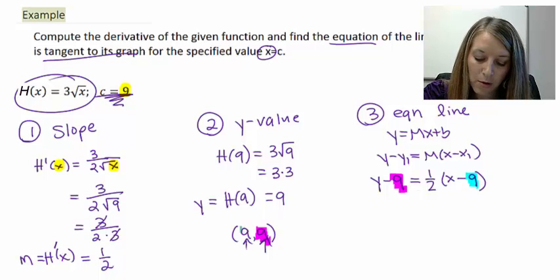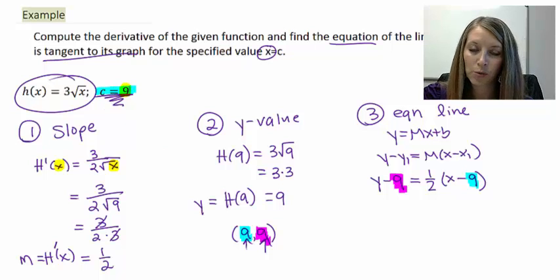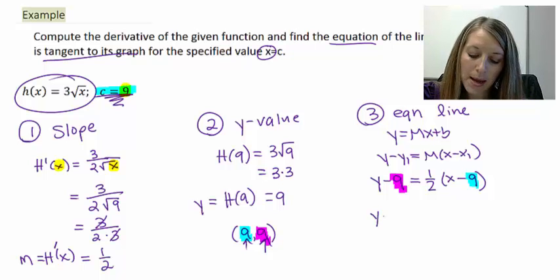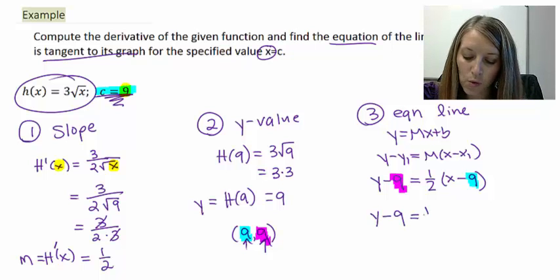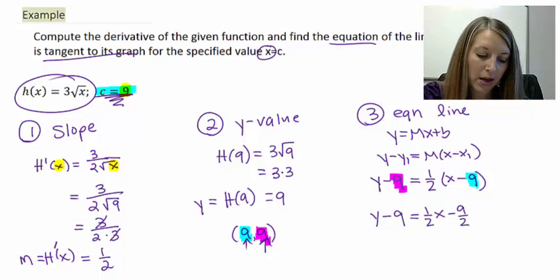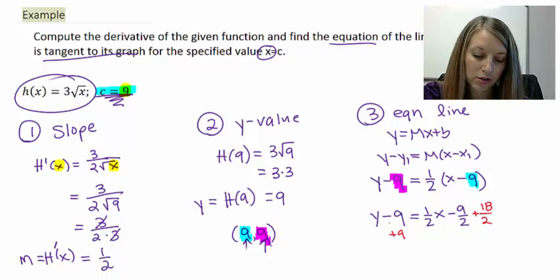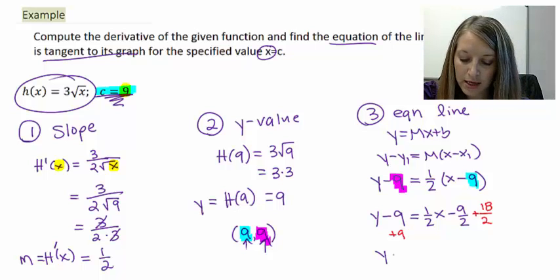This comes from our x value, which is actually given to us in the original problem. All we have to do is simplify this, and that gives us the equation of this tangent line. So y minus 9 equals 1/2 x minus 9/2. If I add 9 to both sides, or in LCD format, add 18 over 2, that gives me the answer of y equals 1/2 x plus 9/2.